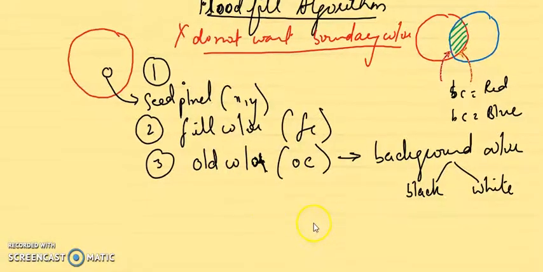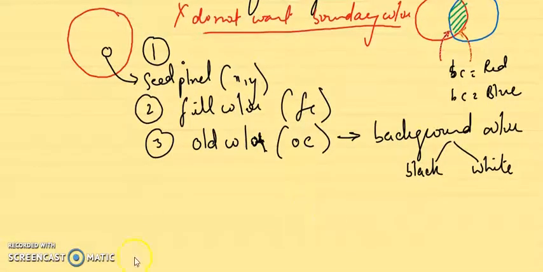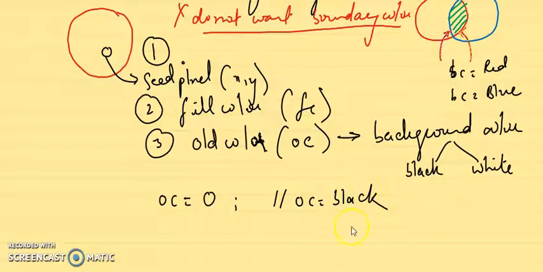So proceeding with the flood fill algorithm, the moment I get my old color, that's the background color, I am going to initialize my old color as 0, which implies that my old color is nothing but black.